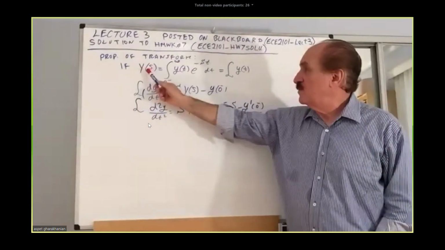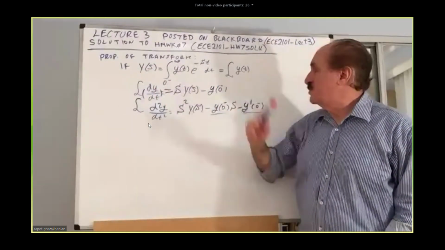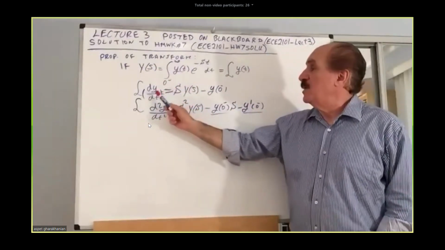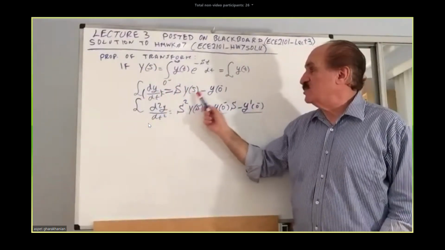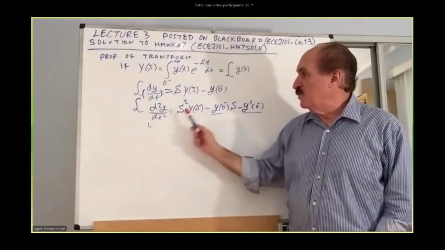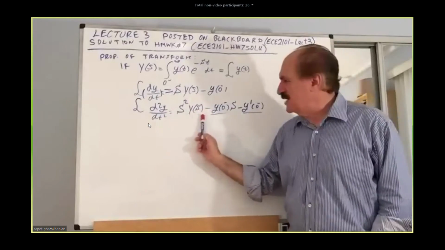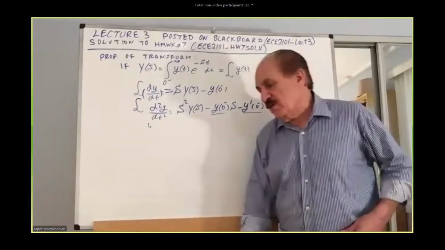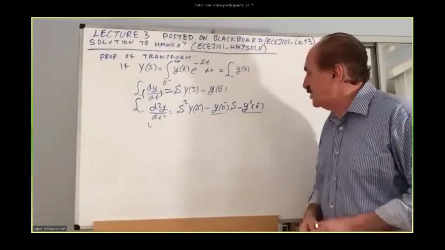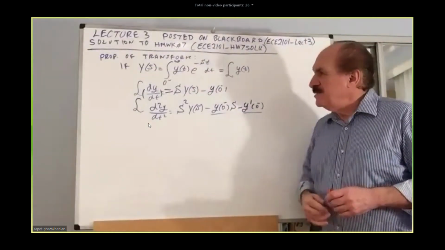If you have Laplace of the function, then Laplace of its derivative will be s times the function. Laplace of second derivative would be s squared times. This is kind of the simplified version, if the system happened to have no initial condition, zero initial condition.